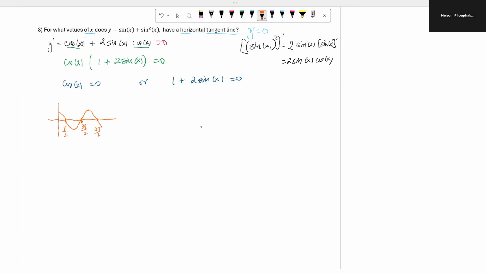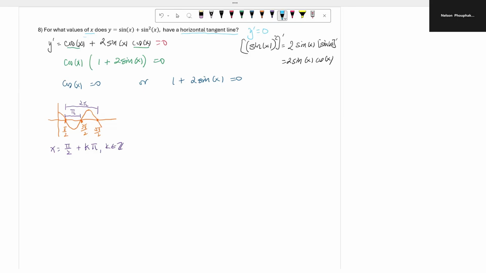From here to here is pi, and then from here to here is 2 pi. So I could write x is pi over 2 plus k pi, where k is an integer.